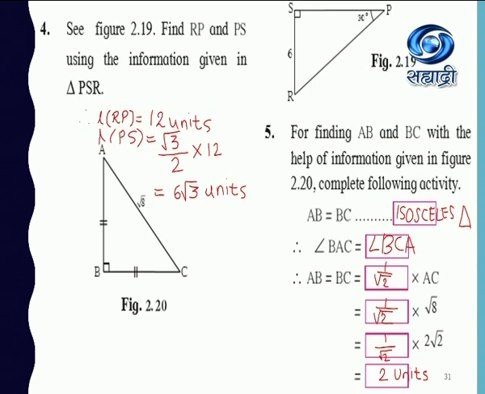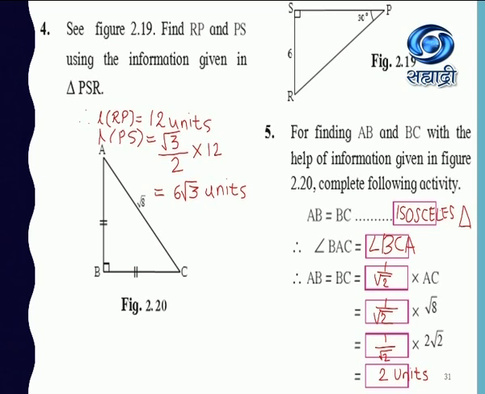Now how have I written hypotenuse as 12? Again using the previous knowledge that the side opposite to 30 degrees is 6. That means by the 30 degrees property, the side opposite to 30 is 6, so the hypotenuse will be double of it, that is 12. So the length of side RP is 12 units.